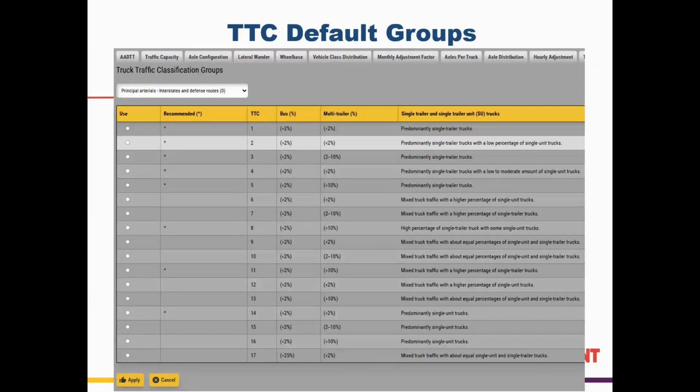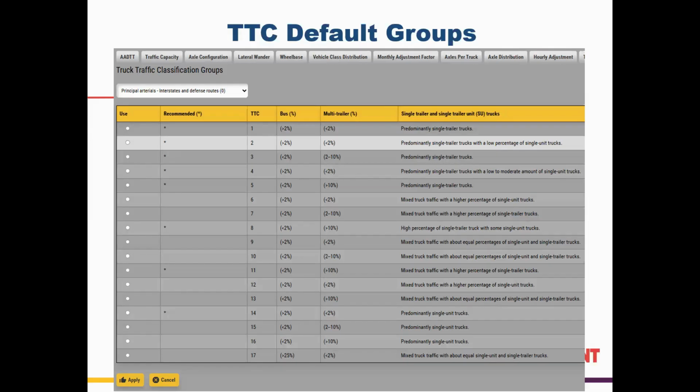Now, there are default categories. This was derived from the Wayne Motion scales that were at the LTPP sites set up around the country. And based on those, there are 17 groupings that were developed.